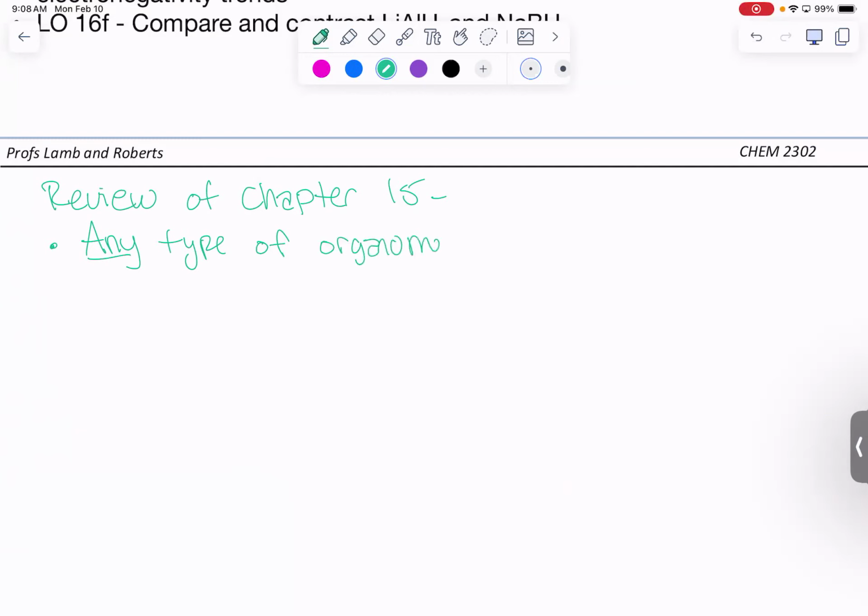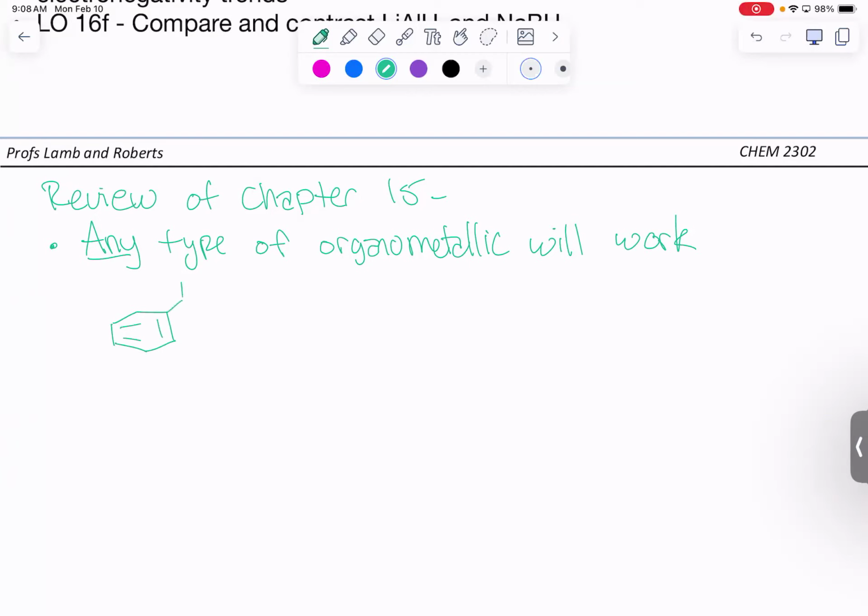So we don't need to worry, is it magnesium, or is it lithium, or is it sodium? For the purposes of this class, we don't distinguish any issues between those. Sometimes we do have reagents that only work for one thing or another.